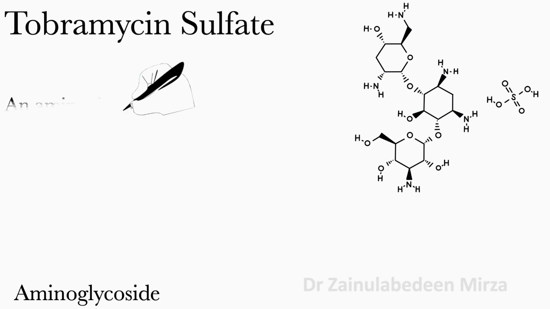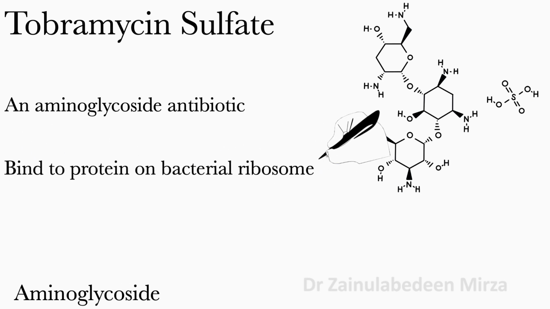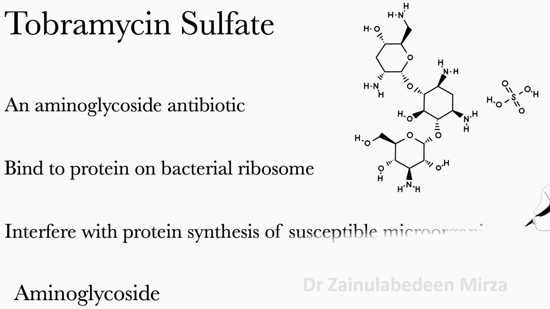Tobramycin sulfate is an aminoglycoside antibiotic that irreversibly binds to protein on bacterial ribosomes. Tobramycin sulfate interferes with protein synthesis of susceptible microorganisms.